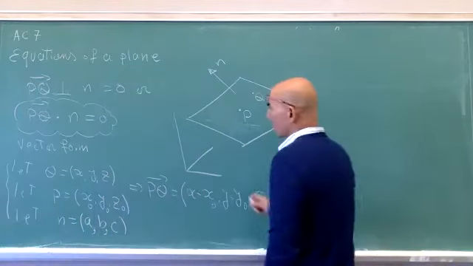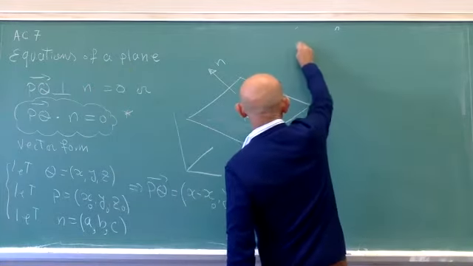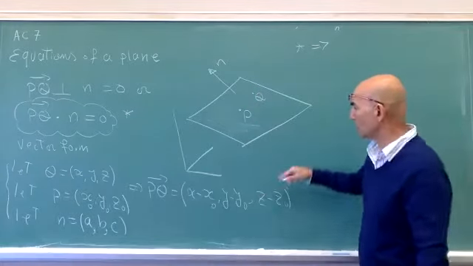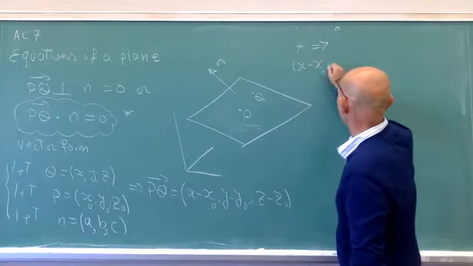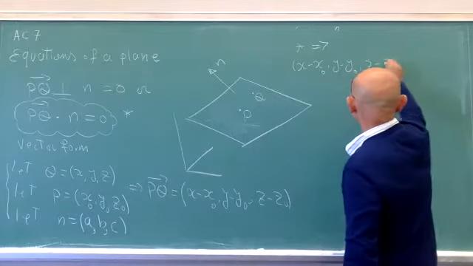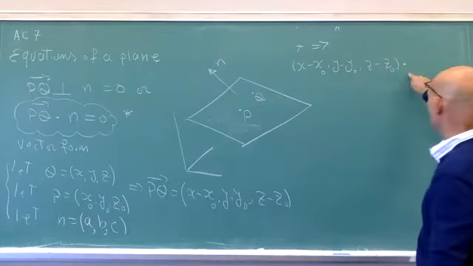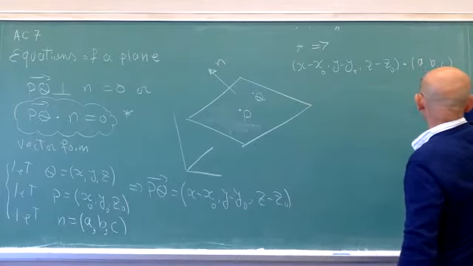So this equation star gives us the following: PQ, which is (x minus x0, y minus y0, z minus z0), dotted with (A, B, C), is 0.